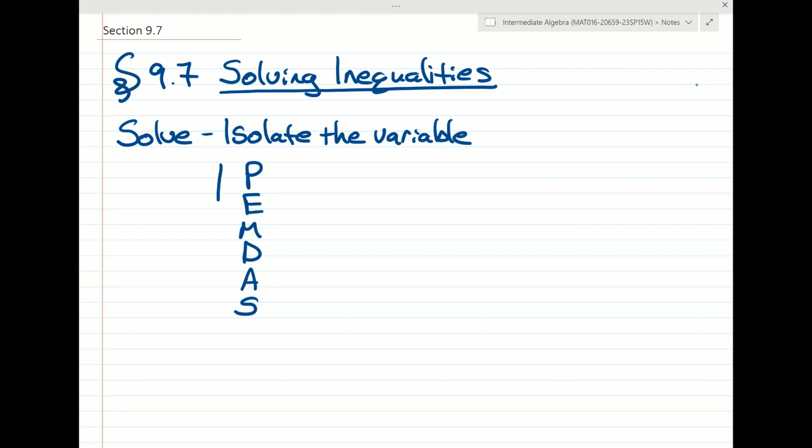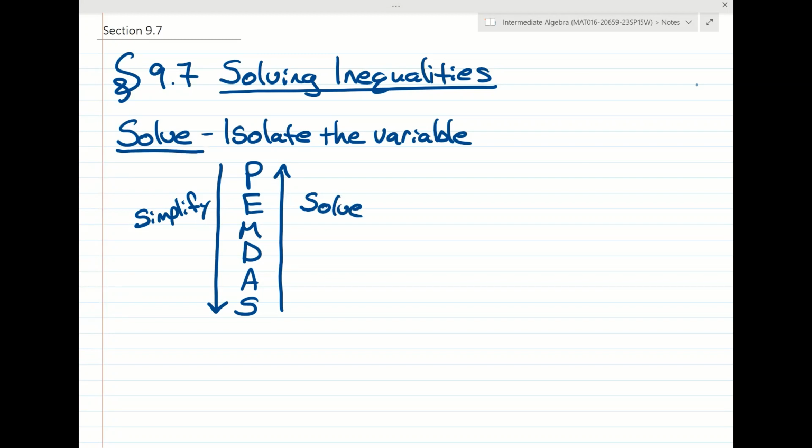And when teachers teach it in high school, generally we go this direction when we're simplifying, and we go this direction when we're solving. We walked through some examples in the previous sections with that.